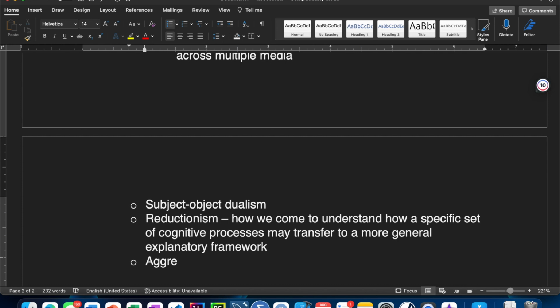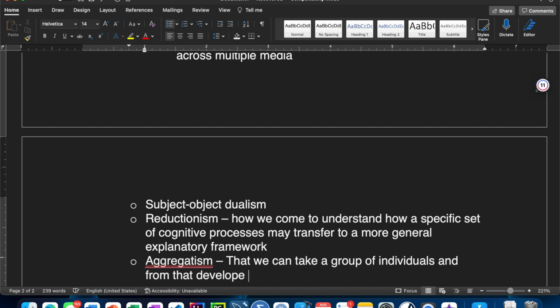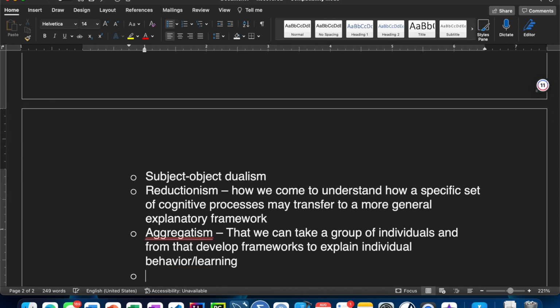The penultimate property of cognitivist views of language acquisition and teaching is this idea of aggregatism, right? That we can take a group of individuals and from that develop frameworks to explain individual behavior or, in our case, learning.